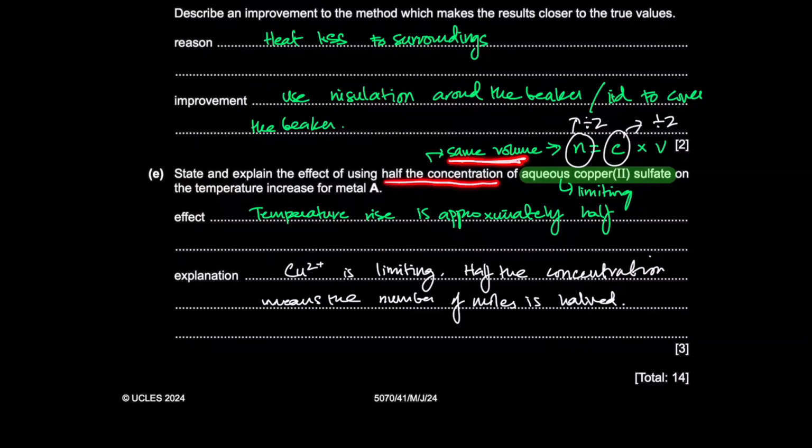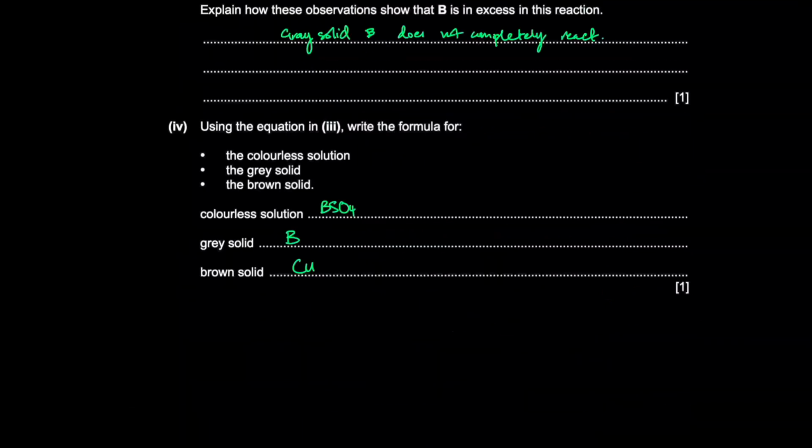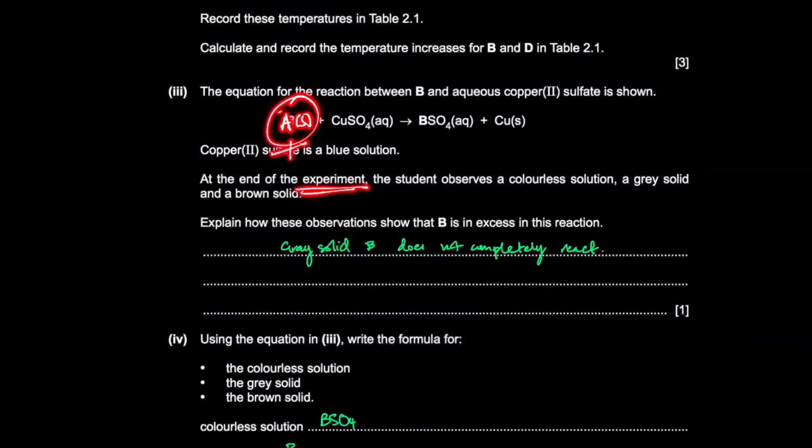The number of moles is concentration times volume. We also know that the copper 2 sulfate is limiting because that's mentioned in the question. They've said that in the way the experiment was carried out, gray solid remains, which means that the solid you're adding is in excess, right? Any solid that you're adding, the initial metal, is going to be in excess. So the limiting reactant is copper 2 sulfate.